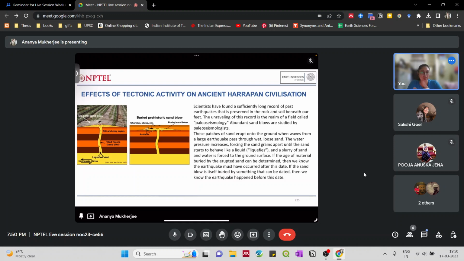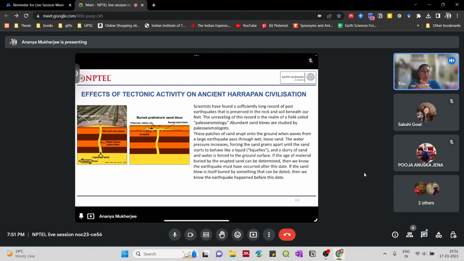Groundwater is pushed up due to the earthquake, it interacts with the sand, and the sand itself starts acting like a liquid. The loose sand becomes wet because of this.